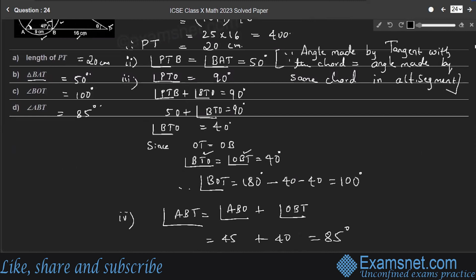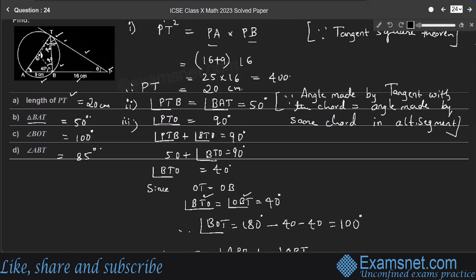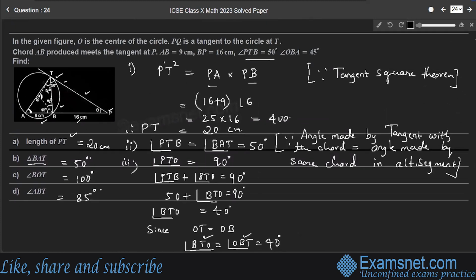This is how we have to calculate. First, to find the length of PT, we have to use the tangent square theorem. The square of the length of the tangent is equal to the product of the length of its secant segment and its external segment. Therefore, its square is 400 and the length of the tangent is 20 centimeters. Next is to find angle BAT.